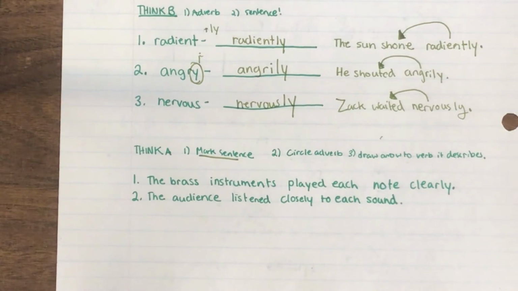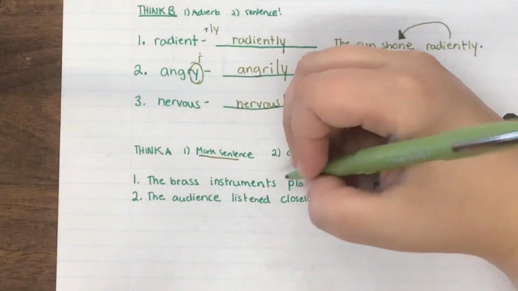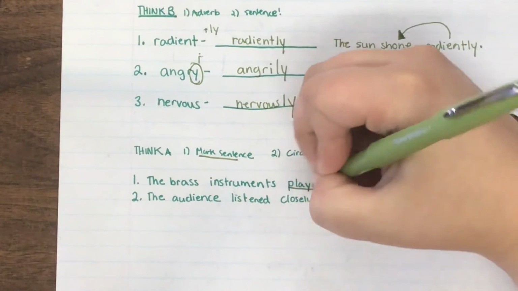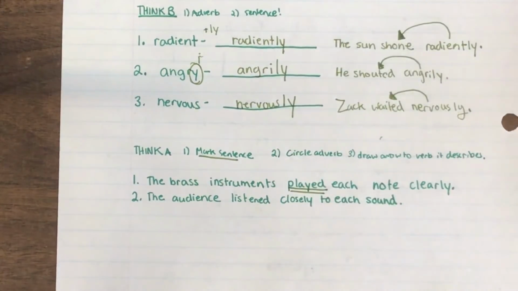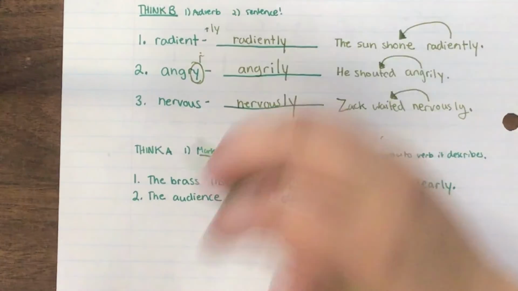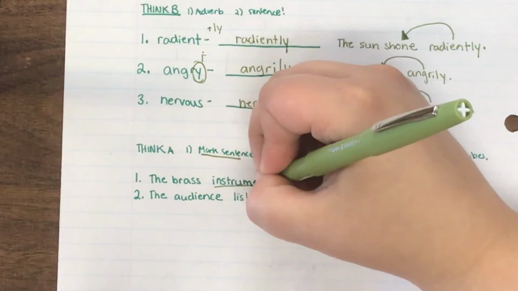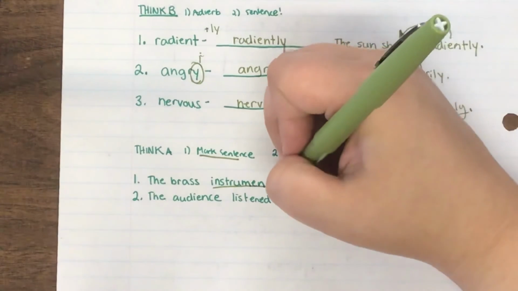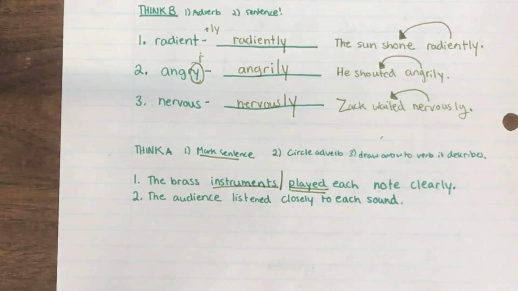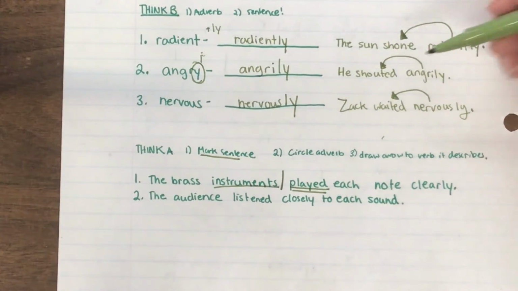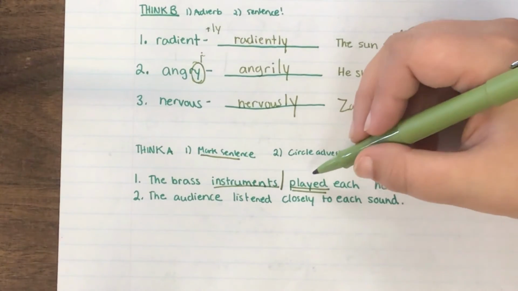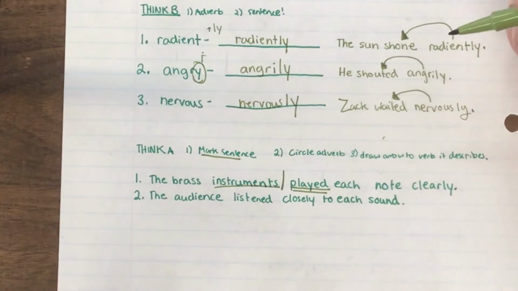As always, I'm going to start by finding my verb, and in this case, it's an action-y verb. So I'm going to double underline played. Next, I'm going to ask the question, who played? Oh, the instruments played. So I'm going to single underline instruments, draw a line in between the two. Now I have my subject and verb marked. Now to find the adverb, I'm going to look for the word that answers the question, how did he play?